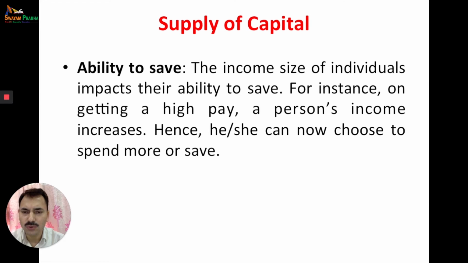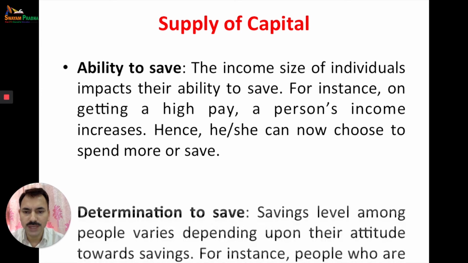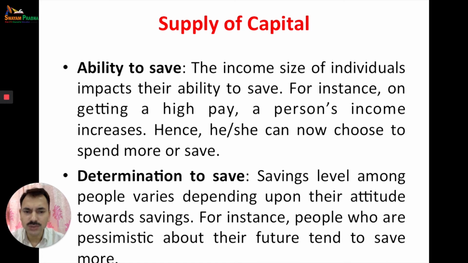You know that more income means more saving. Whereas the determination to save, the saving level among people varies depending upon their attitude toward saving. For example, people who are pessimistic about their future tend to save more, and those who are optimistic about their future tend to save less.